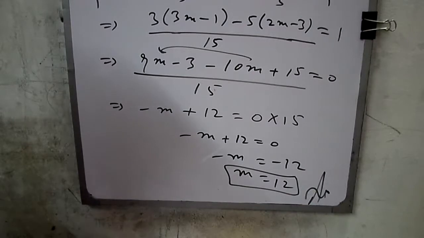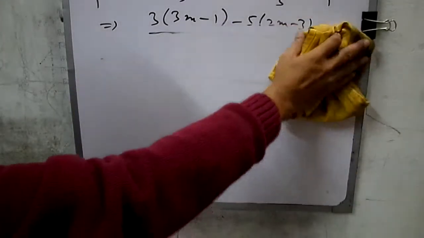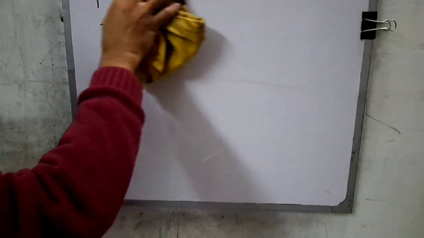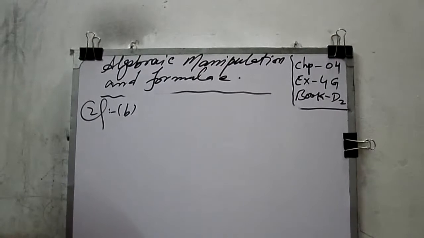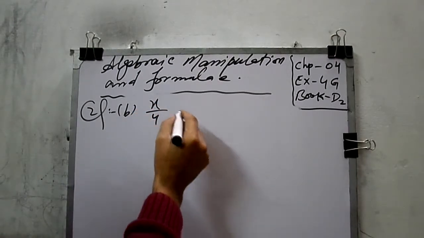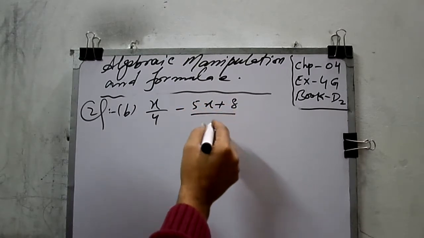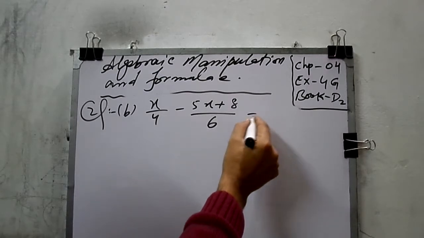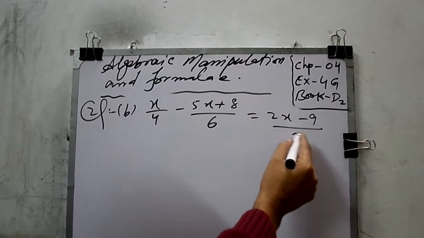Coming to the B part, that is x by 4 minus 5x plus 8 divided by 6 is equal to 2x minus 9 divided by 3.